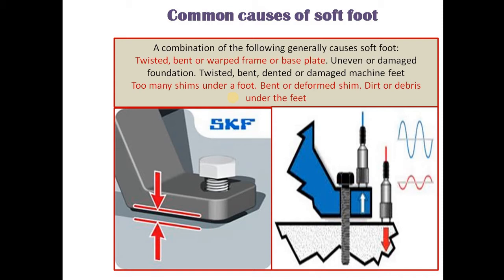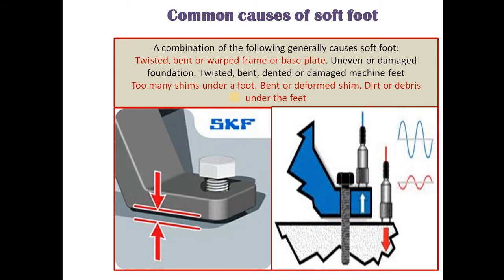First, we have to tighten each and every foundation bolt, then put the dial gauge on each foot, then loosen the foundation bolt and see the dial gauge reading, and again tighten the foundation bolt and see the dial gauge reading.